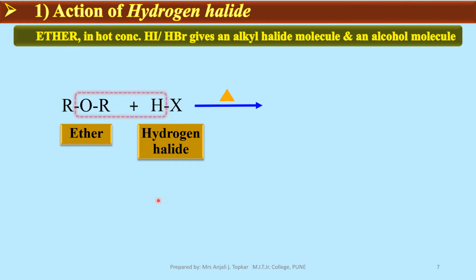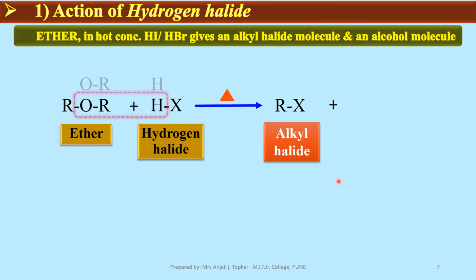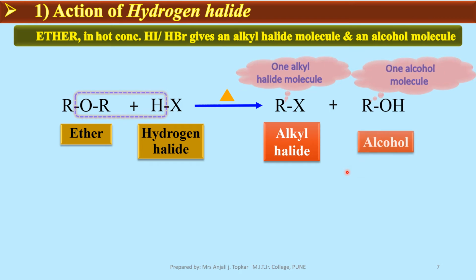As we can see here, the highlighted part is removed to give out alcohol, and X gets bonded to R to form alkyl halide. As you can see here, alkyl halide is formed first and simultaneously alcohol is obtained. So one alkyl halide molecule is obtained and one alcohol molecule is obtained.